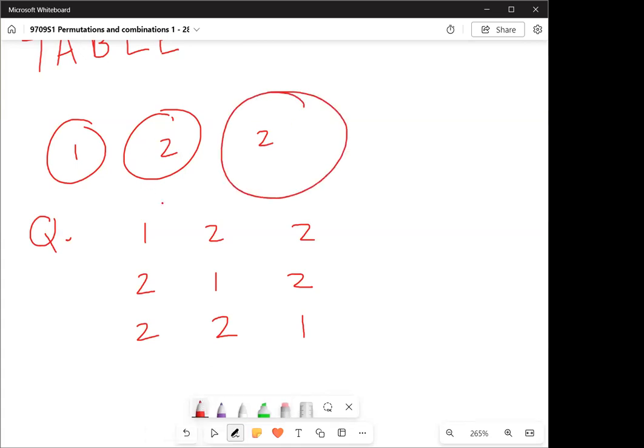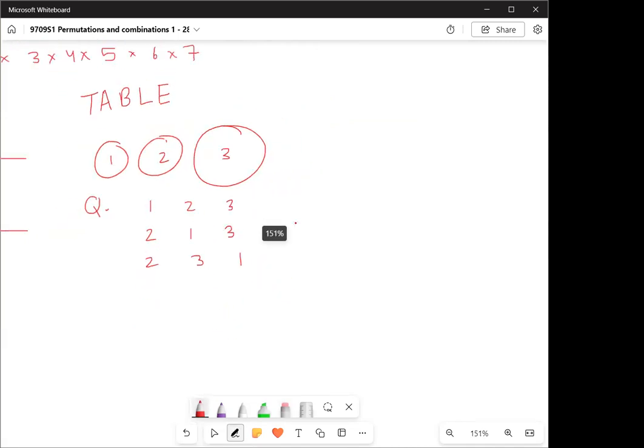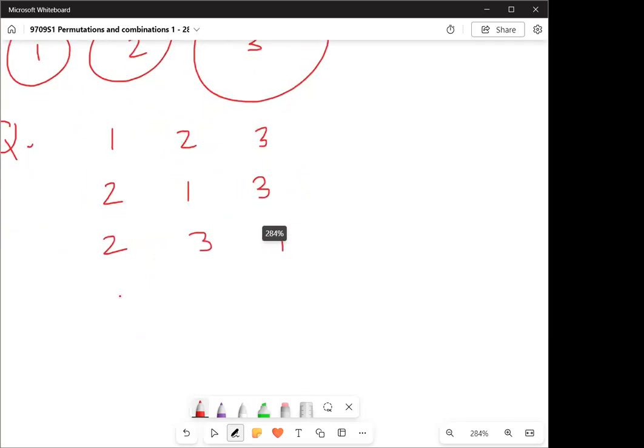Six ways. So if I instead had three there, there would be one, two, three; two, one, three; two, three, one. Now we have to repeat this whole thing again: three, two, one; three, one, two; and then one, three, two.